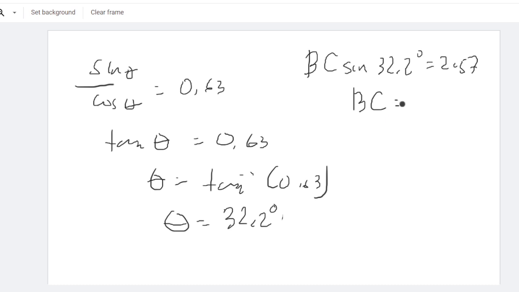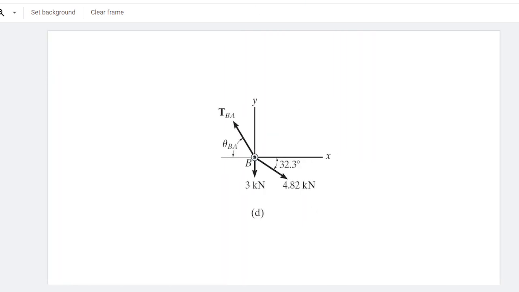Therefore, BC could be calculated as 4.82 kilonewton.